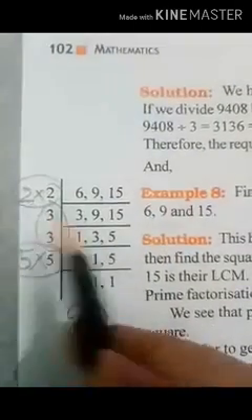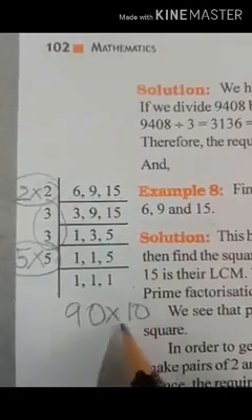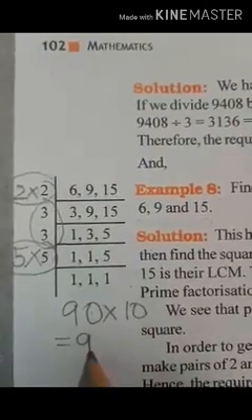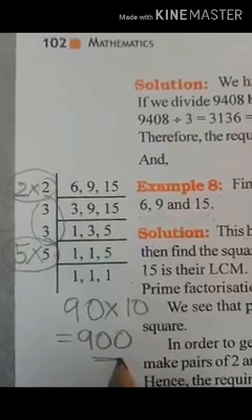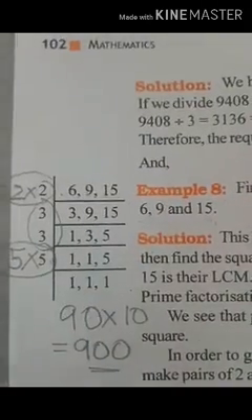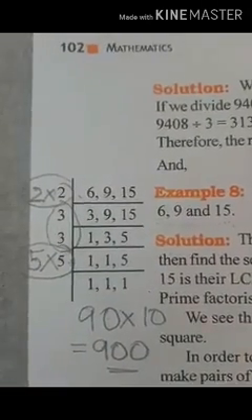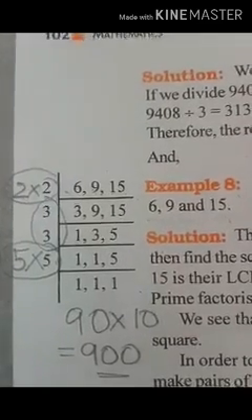That is, 5 twos are 10. I multiplied with 10. So 90 into 10 gives me 900. So 900 is the smallest square which is divisible by all these three. You have similar questions in exercise 6.3, question 9 and question 10.